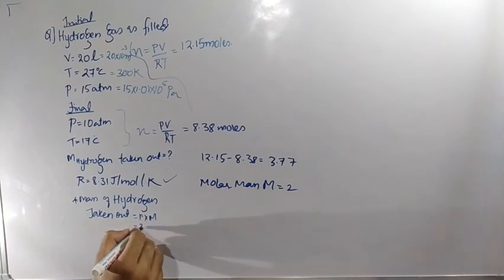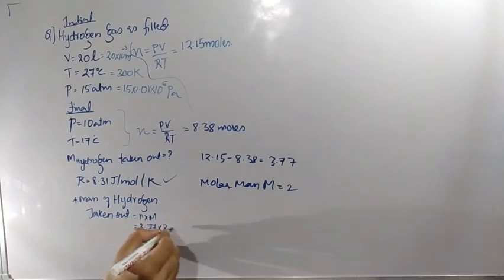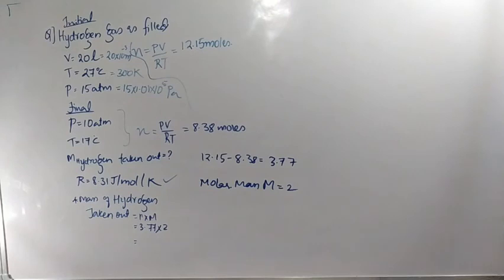The n value is nothing but 3.77 into 2. 3.77 into molar mass, which is the mass of 1 mole. Like that we are having 3.77 moles. So the value will turn out to be 7.54 into 10 to the power of minus 3 kg.